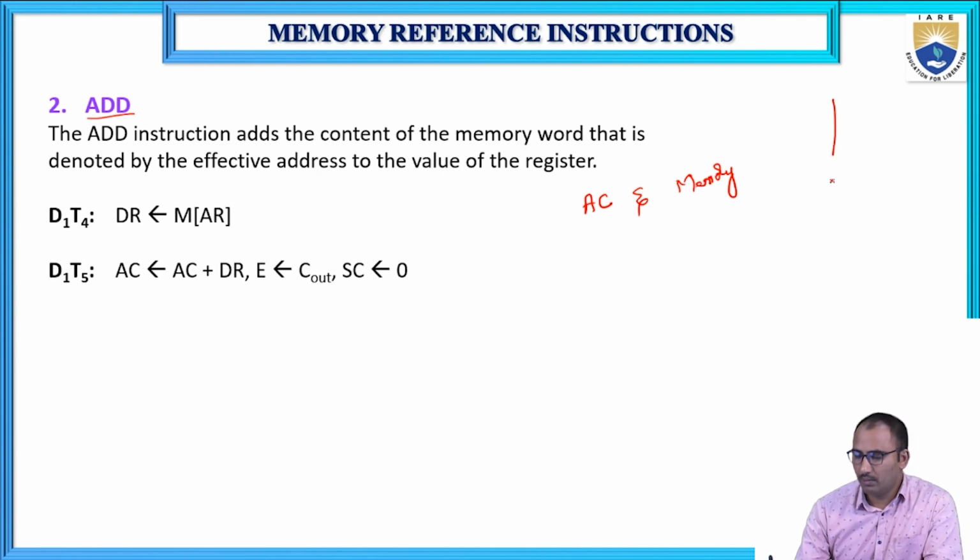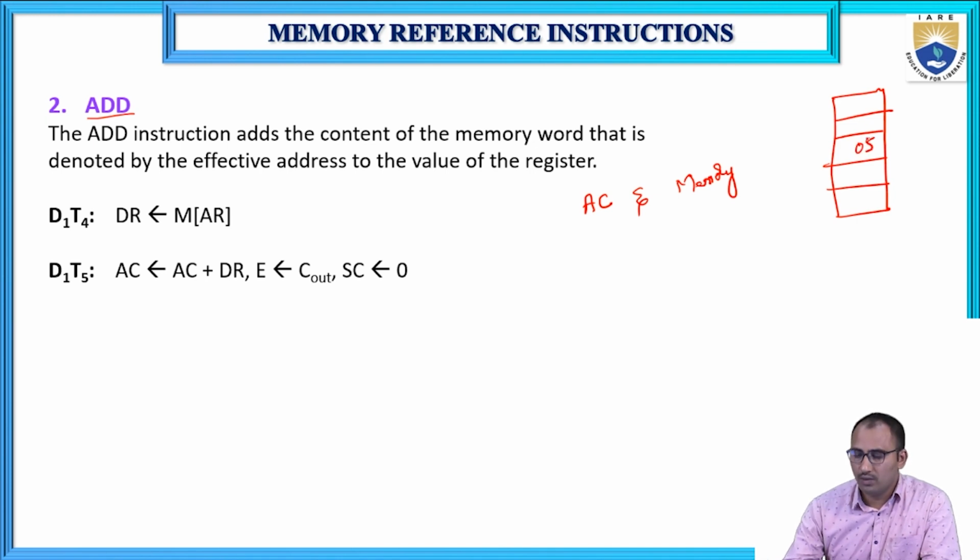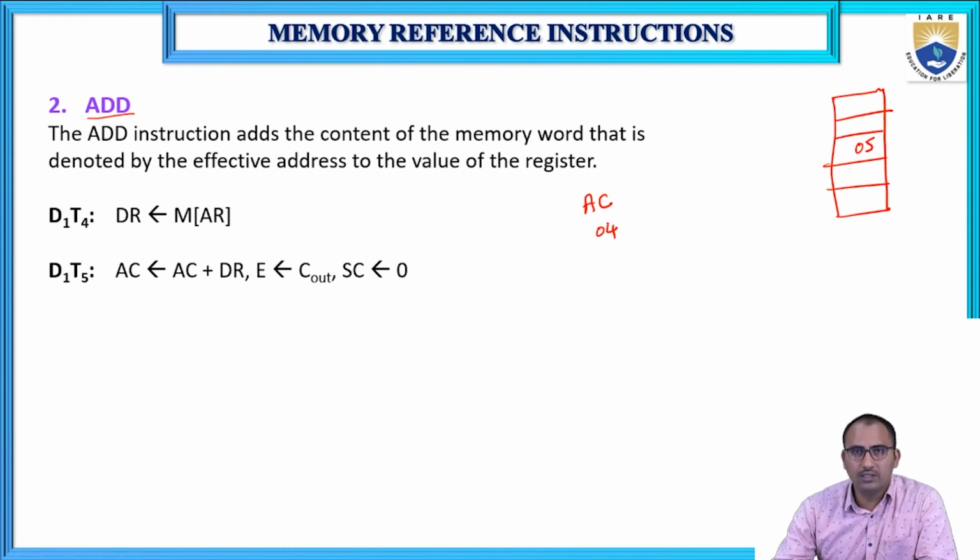See here, the memory will be like this. Here some data is there, 05, and in the accumulator 04 is there. Can we perform the add operation directly with the memory? No, it is not possible.